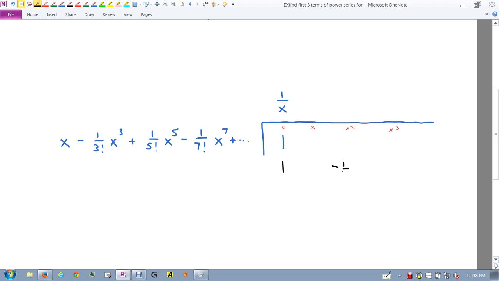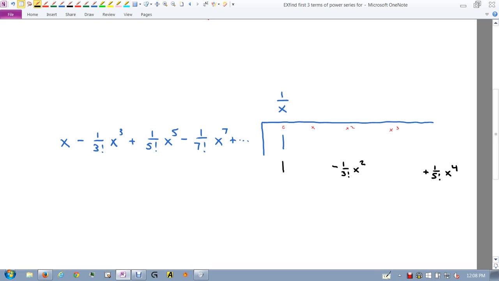Negative 1 over 3 factorial x squared. Y'all okay with that? Then let's go again, because I don't know how many of these I'm going to need. Do this times this. That'll give me a plus 1 over 5 factorial x to the 4th, and I'm going to put that over here in a column. Plus 1 over 5 factorial x to the 4th. Yes?